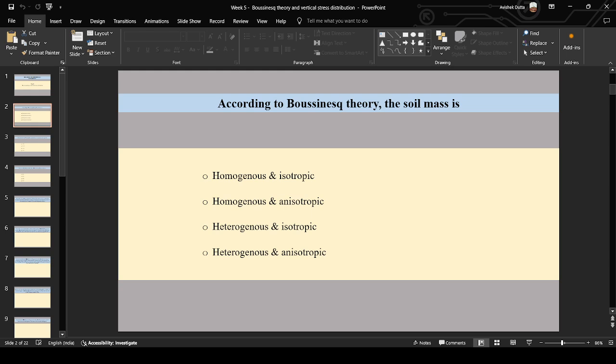I'll repeat the question. According to Boussinesq theory, the soil mass is homogeneous and isotropic, homogeneous and anisotropic, heterogeneous and isotropic, or heterogeneous and anisotropic. Okay, I'll go to the next question.